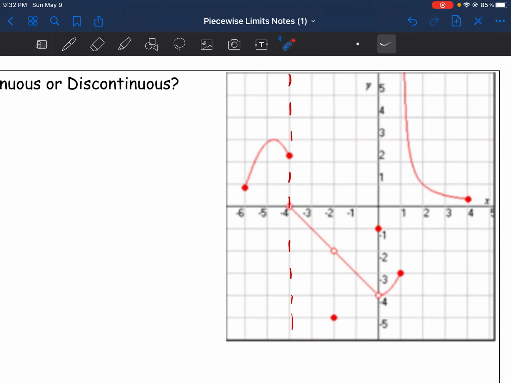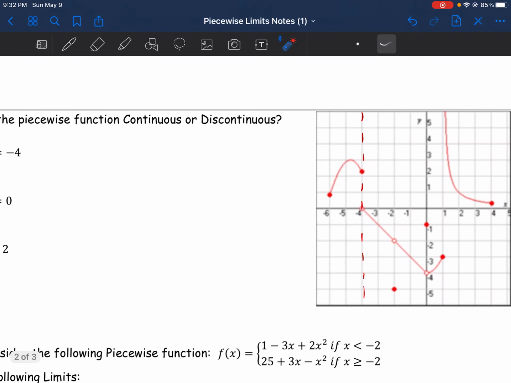But notice, as I would trace the graph from left to right, at negative 4, we have a break. I'd have to lift up my pencil to continue tracing. So here at negative 4, because it is not one smooth curve, since I have to pick up my pencil, it is not continuous. You can see this break from here to here. We call this a jump discontinuity.